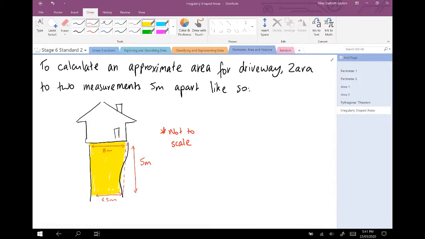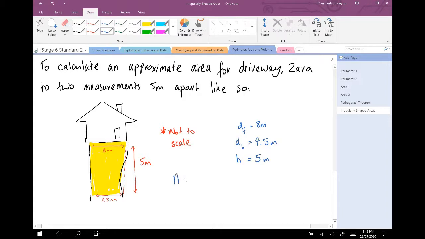Now remember, our 8 and our 4.5 are our differing lengths. So even though they might not really look like it, they're going to be our DF and DL. So I'm just going to jot that down to the side. DF, for first, will be 8 and DL, for last, will be 4.5. And the height of our trapezium is going to be 5. And these are all in meters.